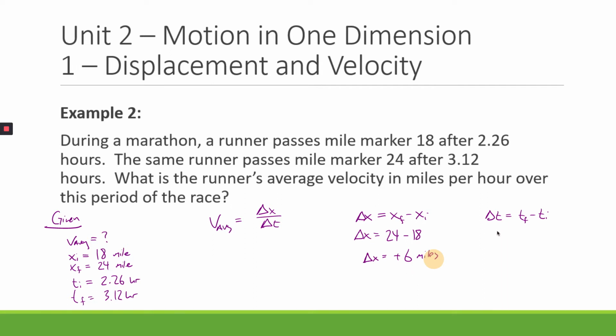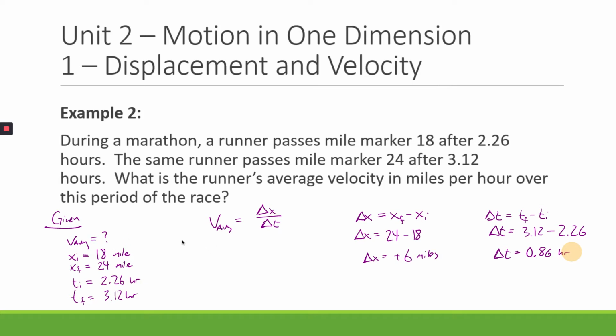Beautiful. How long did that take them to do? Well, we'll do T final, so 3.12 hours minus T initial, 2.26 hours. Gets us a delta T of what? 0.86 hours. All right, now that we have these two things, we can plug those right in here.